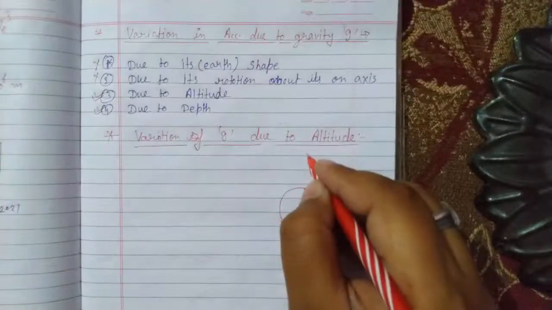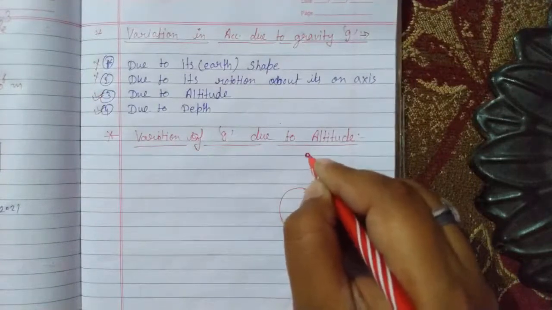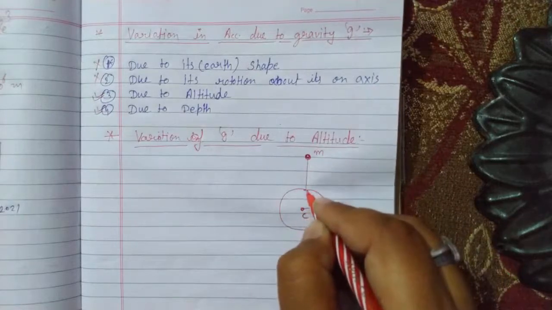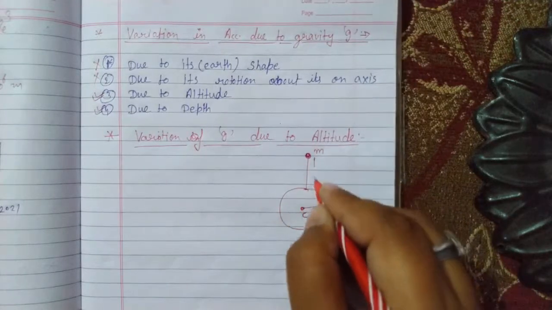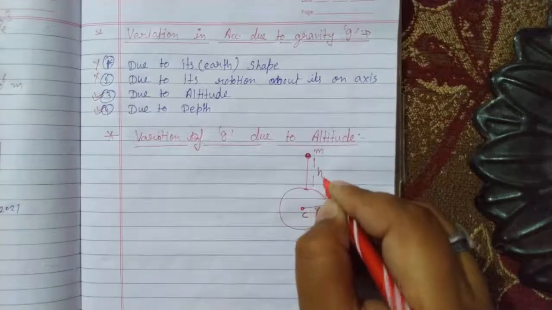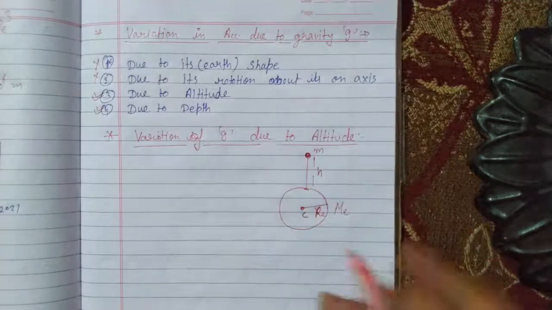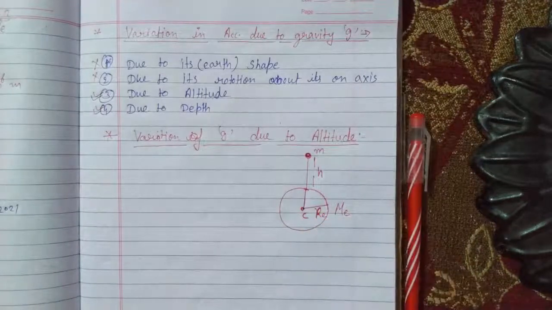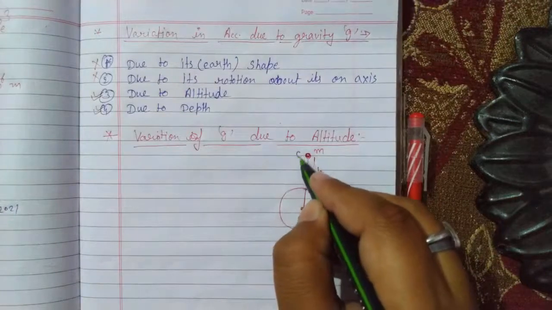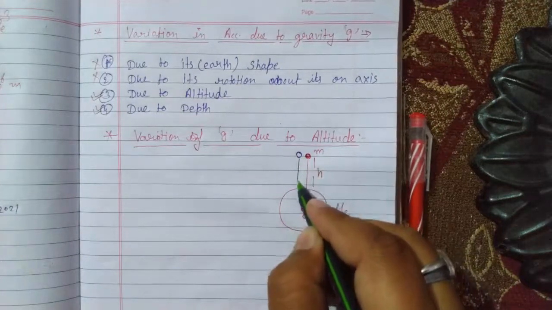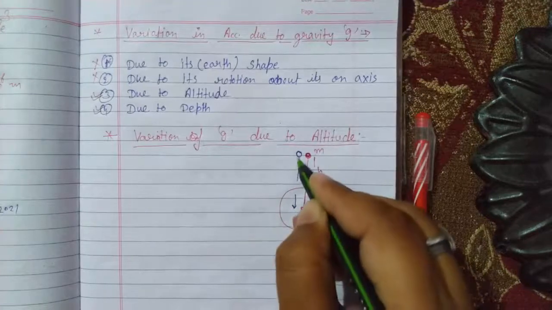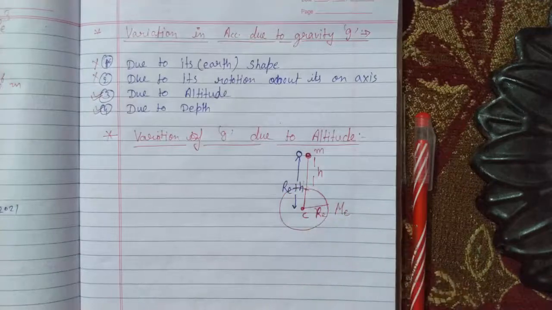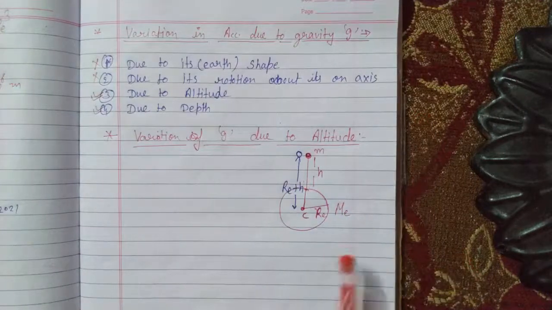Now consider an object of mass small m at altitude small h from the surface of the earth. Therefore, the total distance of this object at O from the center of the earth is RE plus h.